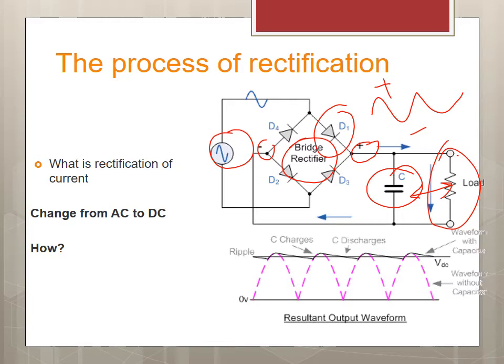So basically we're shaving off these parts and putting it into VDC. I'm doing the same thing at the bottom. As you can see, this is the resultant output waveform.